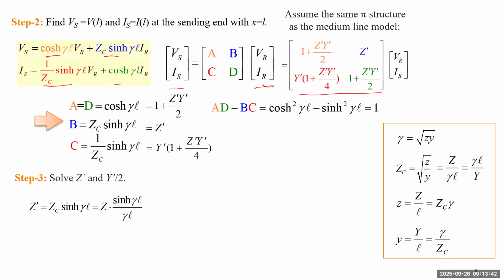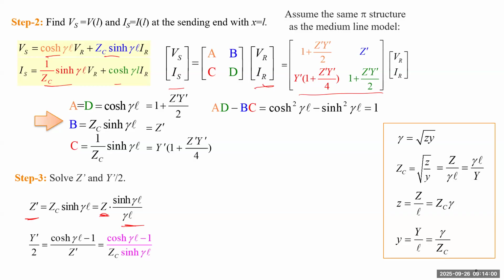We also proved that Z prime can be expressed as a function of Z, basically just Z, the total impedance of the line, multiplied by a factor.